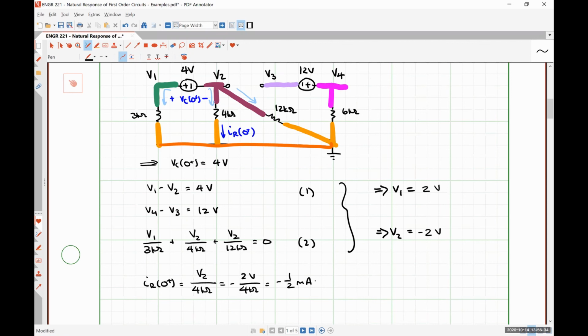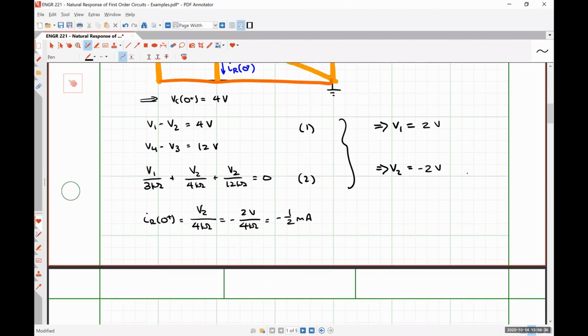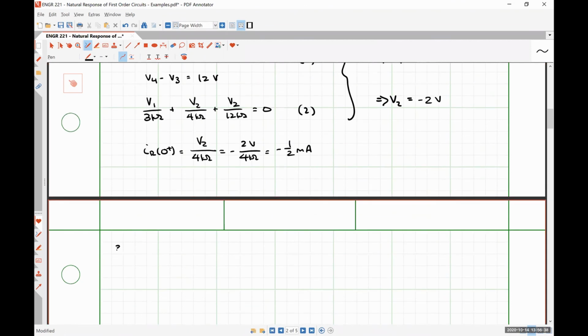Alrighty. Our third step is to determine the time constant, tau, for our system, where for an RL circuit, or excuse me, for an RC circuit, tau is equal to the equivalent resistance multiplied by the equivalent capacitance.